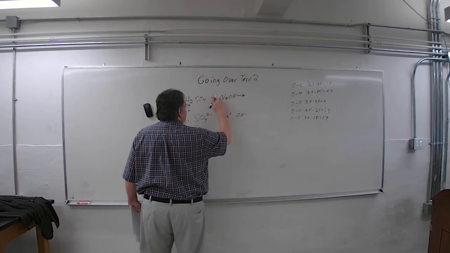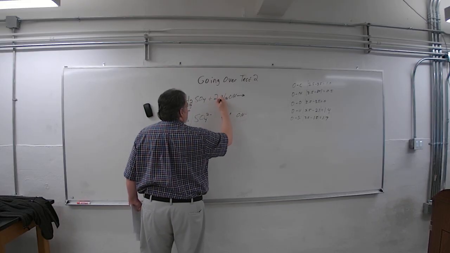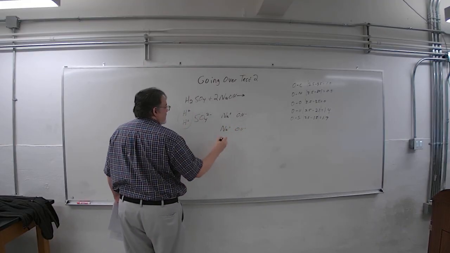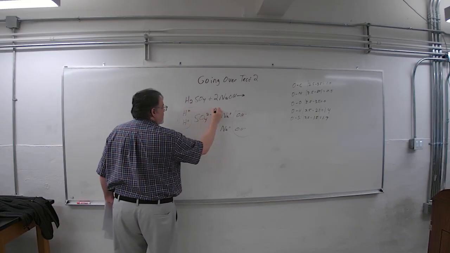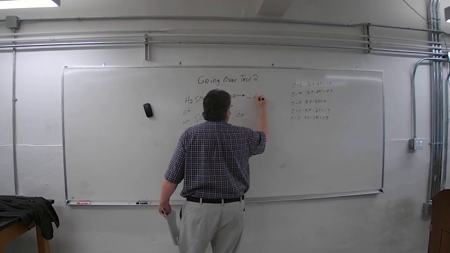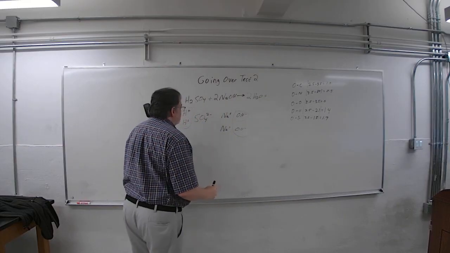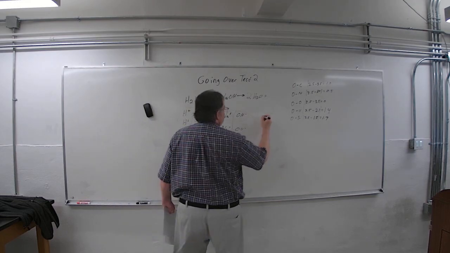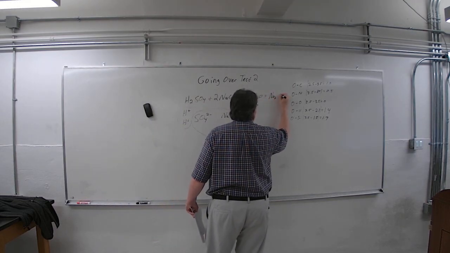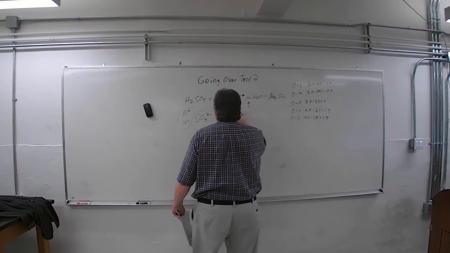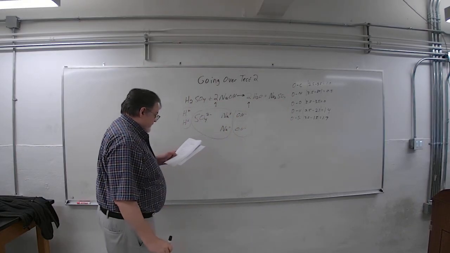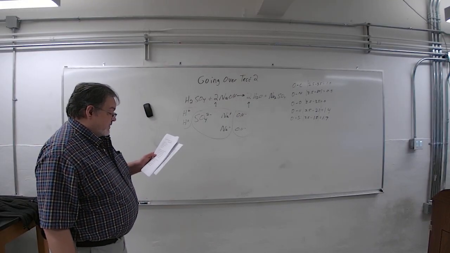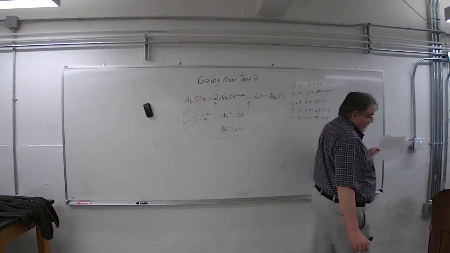So I'm going to need a 2 here, such that I will then have Na plus, OH minus, and then these 2H2O. And then these will go together, Na2SO4. So it's the 2 here and the 2 here that balances it. And that is 2 and 2, 2C for 33.